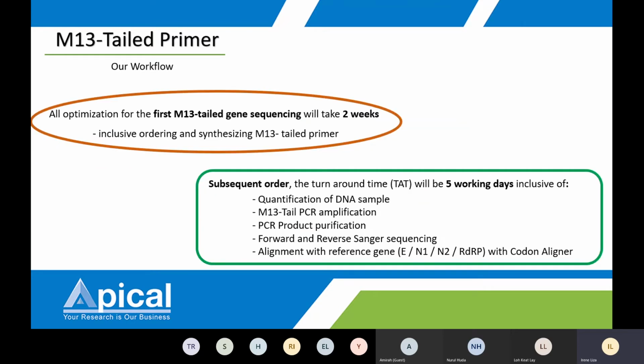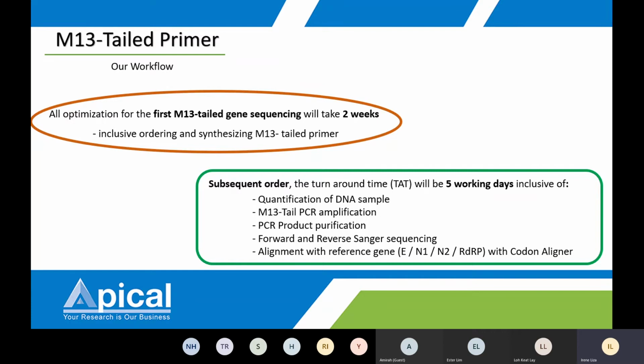Now, for your information, the first time you send us your samples, we need to synthesize this particular primer. Which means we will add these M13 tail primers to whichever primers you are using, be it E, or even if you have any other genes.